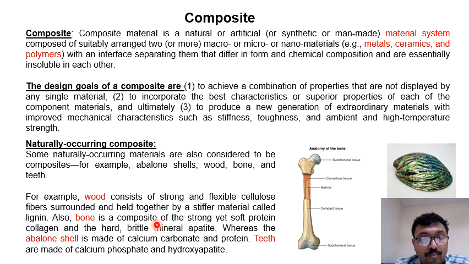Bone is a composite of the strong yet soft protein collagen and the hard, brittle mineral apatite, whereas abalone shell is made of calcium carbonate and protein. Teeth are made of calcium phosphate and hydroxyapatite. These are examples of composite material. MCQ questions are important from this part, but these names are not to be remembered for the MCQ part.